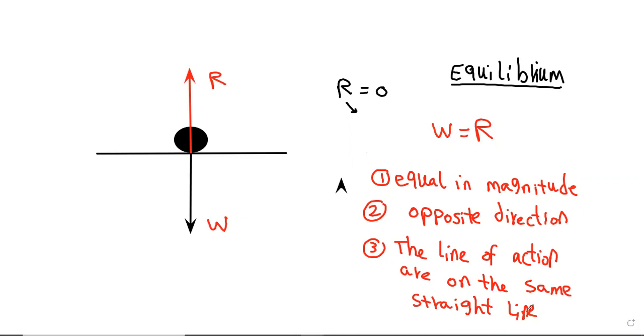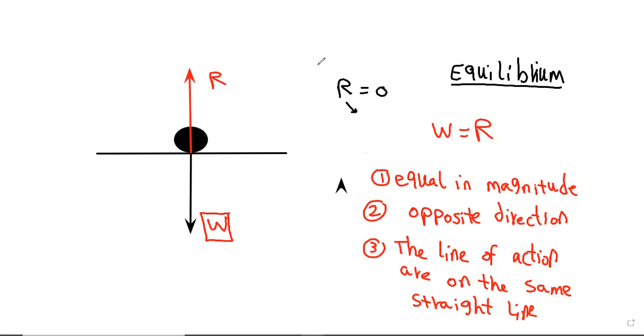Let's analyze it. Look at this sphere again. We have two forces. The first force is the weight of the sphere, and the weight is working downwards. And the reaction of the smooth plane works upwards.